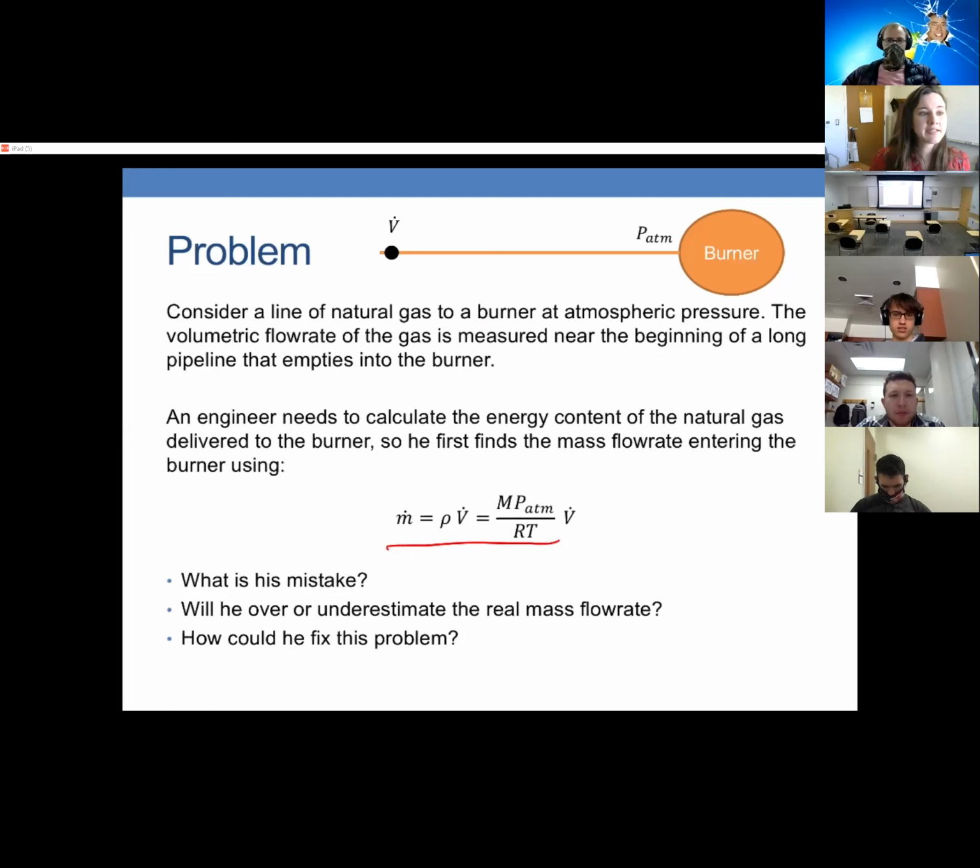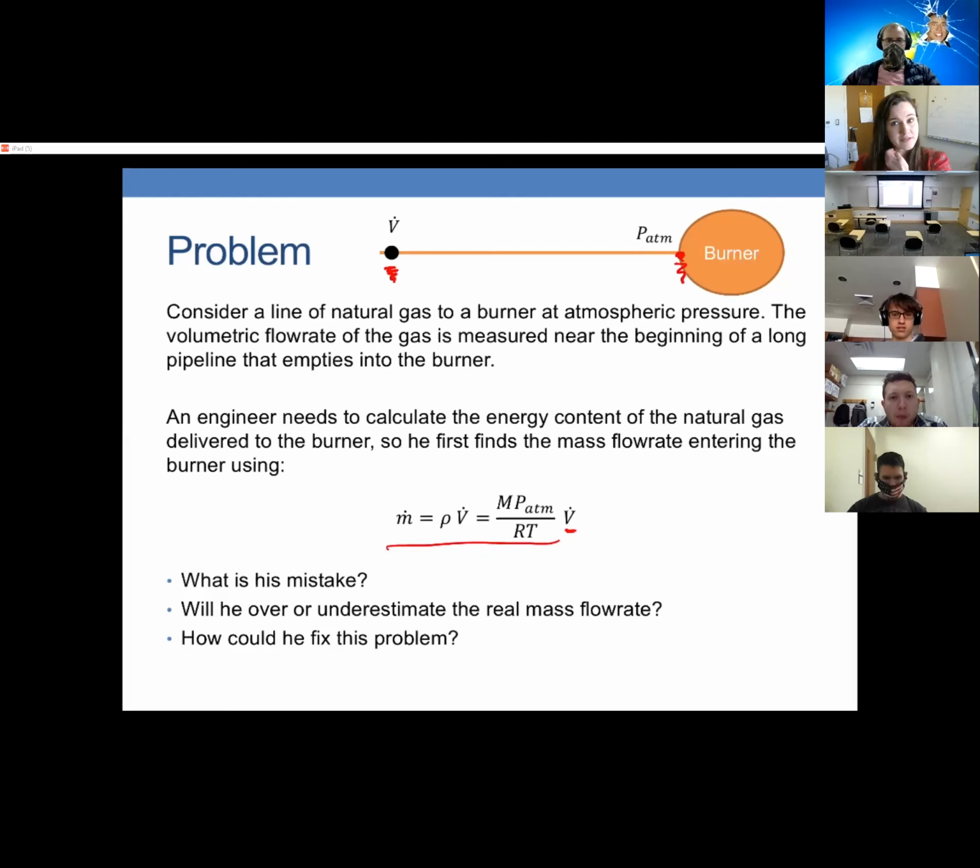Okay, so he's finding the mass flow rate through this, and he's using the volumetric flow rate that he measured back here, and the atmosphere over here, or the pressure over here when it gets to the burner. Those things don't match. Can you see why they don't match? Is the flow rate going to change by the time it gets there? Yes, it will.